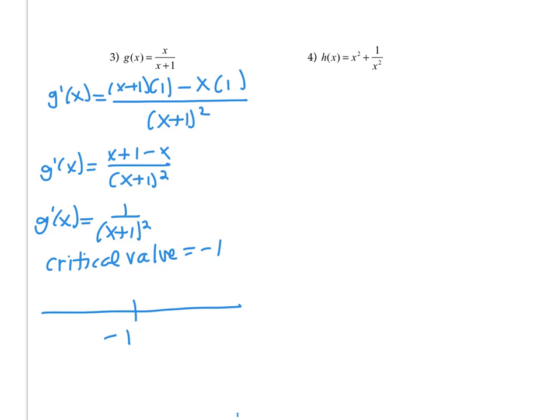So choose a number on either side. To the left over here, I could choose something like negative 2. So let's find f prime of negative 2. Again, we don't need to concern ourselves with finding the actual value, just think about the sign. And that would end up being positive because no matter what you have in the denominator here, it's going to be squared.